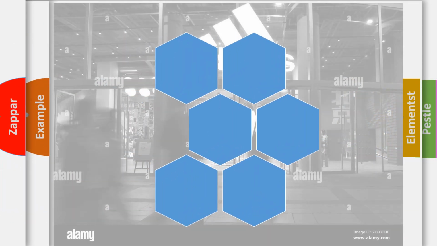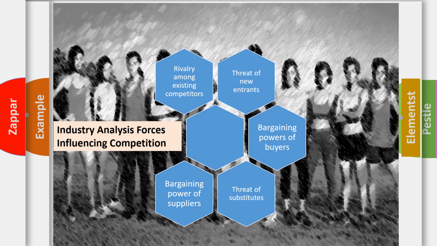So the example that we are going to use is going to be from the sportswear industry. When doing Porter's 5 force model for a company or an industry, you really need to go into a lot more detail and depth and provide again in-text referencing and your reference list at the end. So if we're looking at the sportswear market, we know that the market is in steady growth. We know that the sportswear market is in the mature stage, which is still growing.